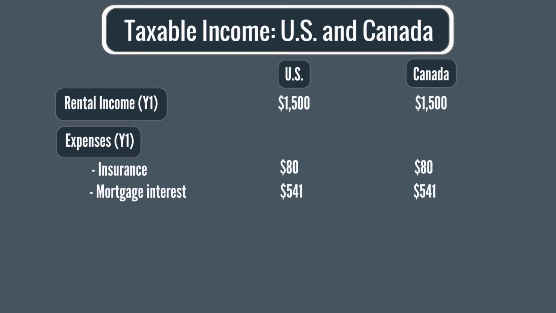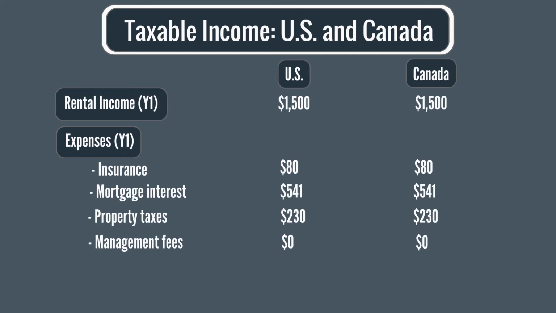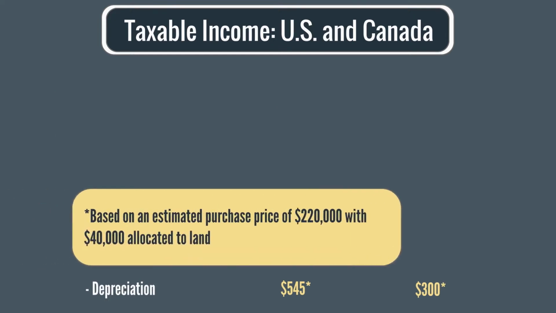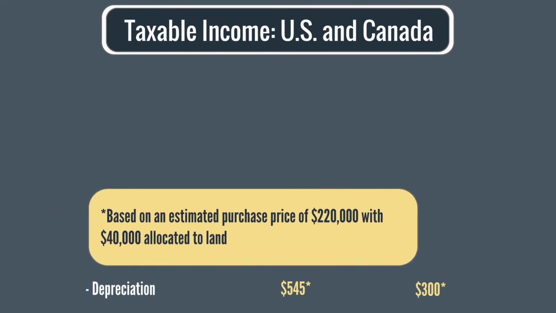Mortgage interest. Property taxes. Management fees. Utilities. Depreciation. Based on an estimated purchase price of $220,000 with $40,000 allocated to land.